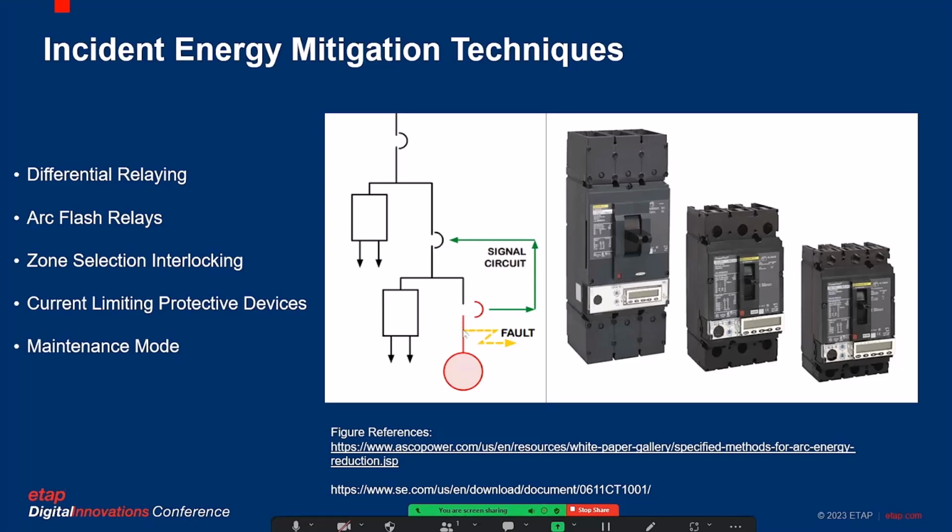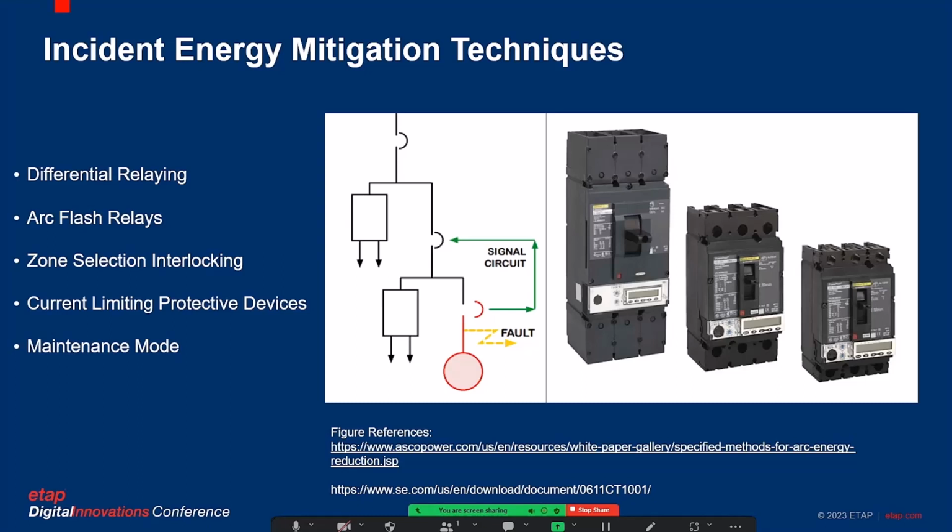So if the fault were to happen in this particular location, what happens is this breaker sends a signal to the upstream protective device telling it to apply an intentional delay to allow for this protective device, which is closest to the fault, to clear that fault by using its zone selective interlocking trip curve, which again is going to be significantly faster than the typical overcurrent characteristics that it has.